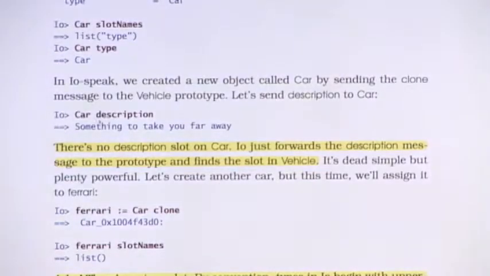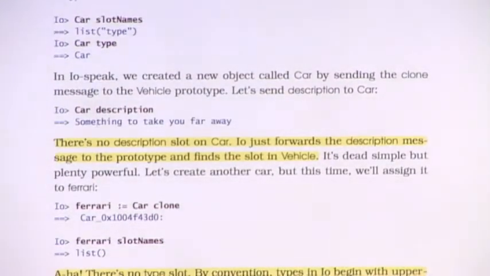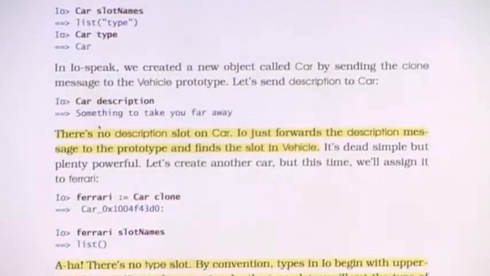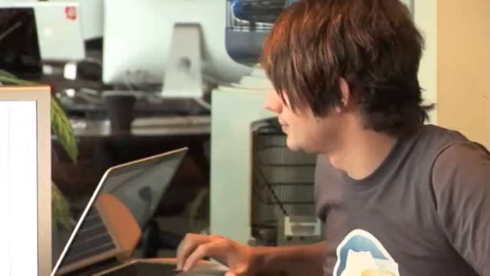And the car has description, which is inherited from the top level vehicle description. It doesn't actually have its own description slot. It just looks up the prototype tree until it encounters the description slot and returns that value, and if it doesn't, then it throws an error. Yeah, so it's very similar to how standard inheritance works, but you just have to break out of the whole class versus instance mindset, I think is the main thing.